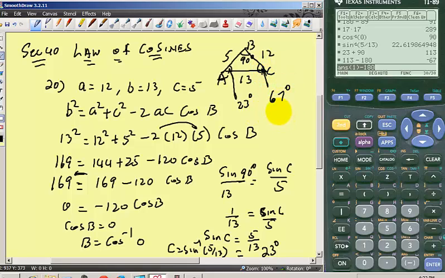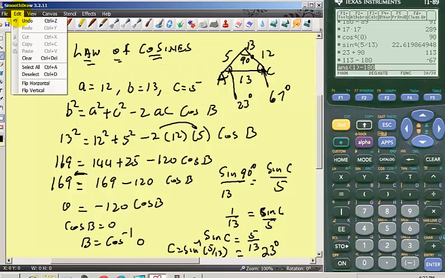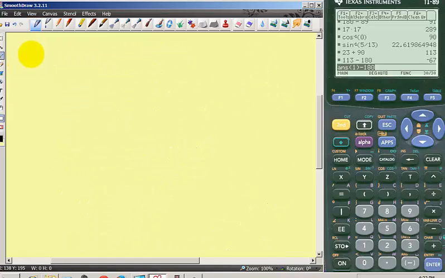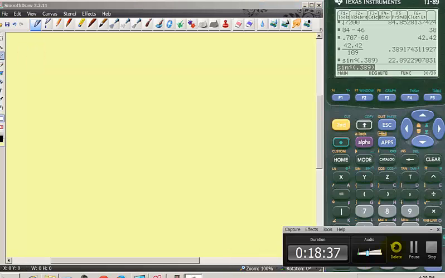And that's it. If you find the biggest angle first using law of cosines, everything else goes smoothly. Alright, so let's clear that, and let's do a hard one.